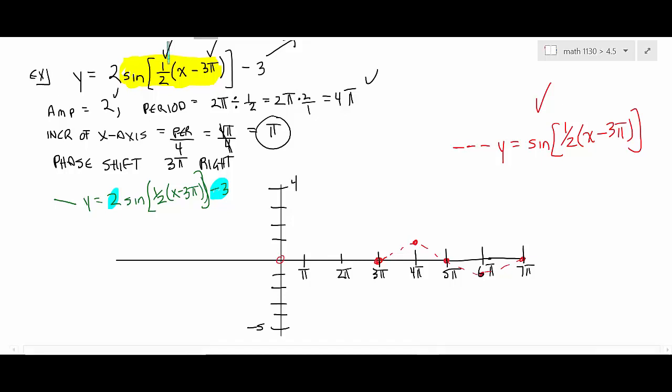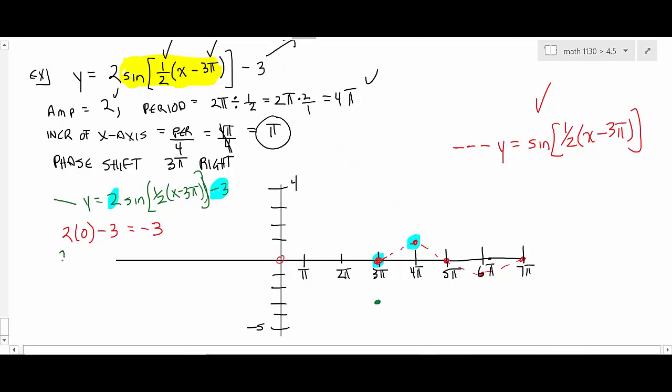I'll write down what I'm doing. That y value is 0. So we're going to do 2 times 0 minus 3, which is equal to -3. So this point right here moves down to -3. That's where that point is now located. I go to the next one. The y value of this is 1.